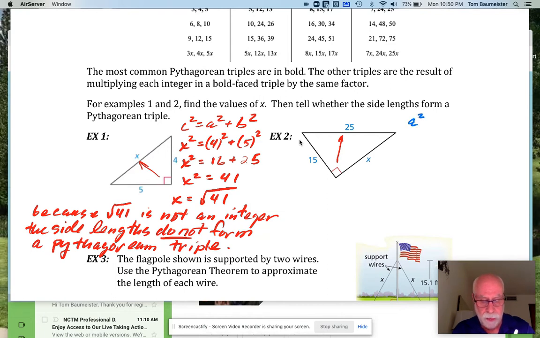So I'm going to say a squared plus b squared is equal to c squared. All right, and then I'm going to say that 15 squared plus x squared is equal to 25 squared.